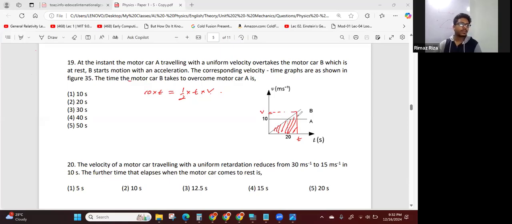Okay, so here the acceleration we can find from here. I will explain this again. I assume at time t, B will overtake A. So therefore, both have covered the same distance.